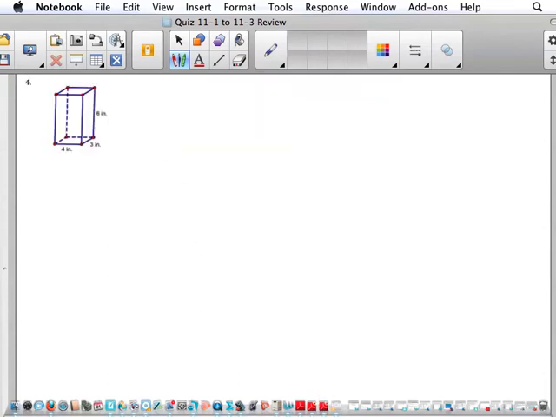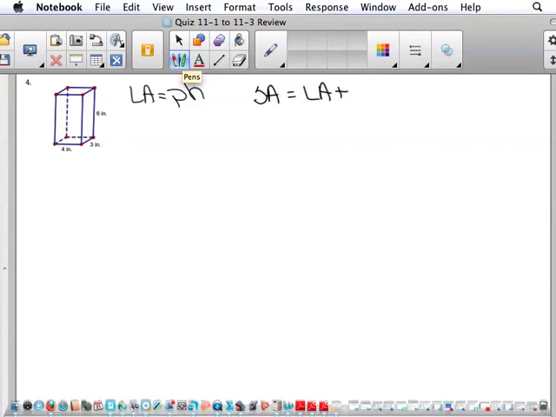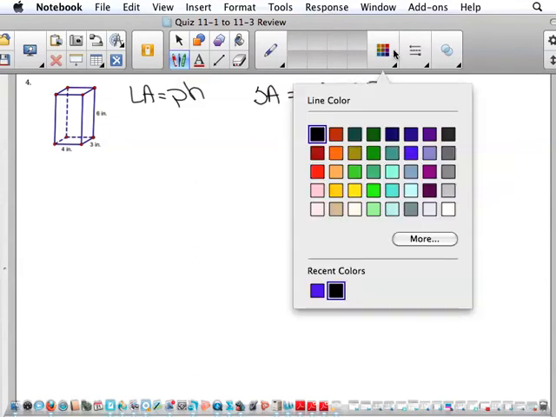The next is a rectangular prism. Again, the lateral area is equal to the perimeter times the height. Total surface area is equal to the lateral area plus 2 times the area of a base. So the perimeter, remember, we're looking at the perimeter of a base.